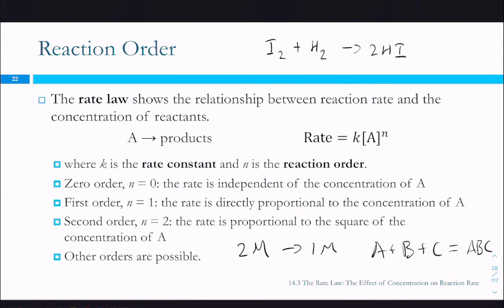So you have to have a collision where all three particles collide at the same time with enough energy to react. Usually what happens instead is there will be an intermediate step. So you just have to have A and B collide, and then later they have to get hit by C. And so you'll actually have multi-step reactions. Again, we'll talk about that more, right? So collision theory is at work here too.